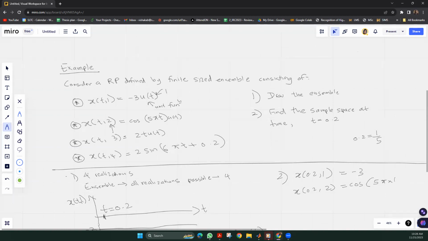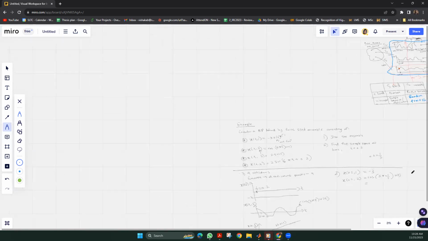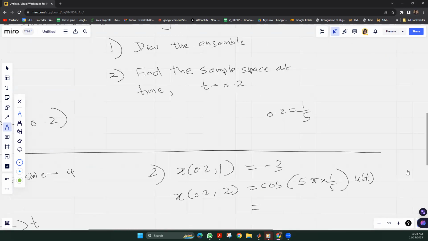So I can substitute 1 over 5 and then u(t). In the u(t) also we can substitute t equals 0.2.